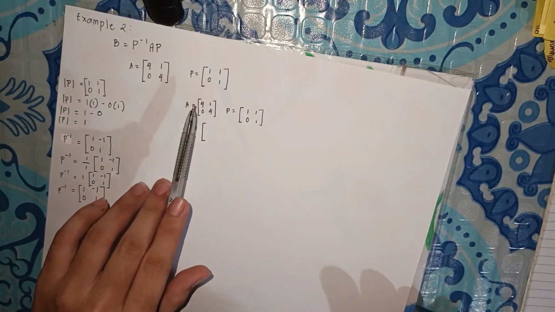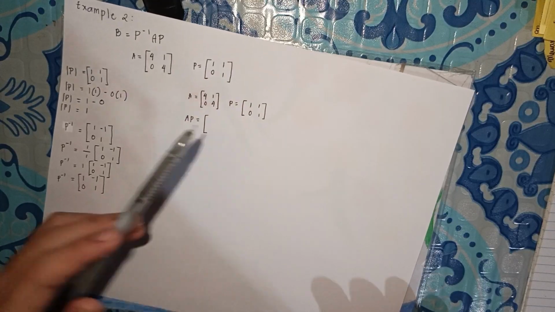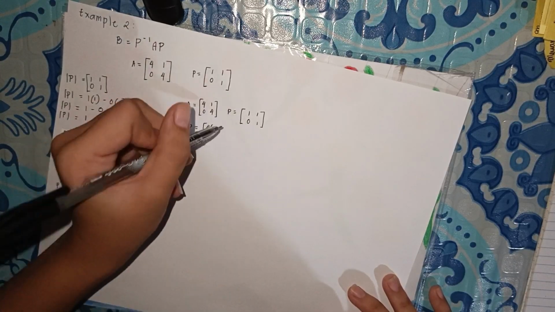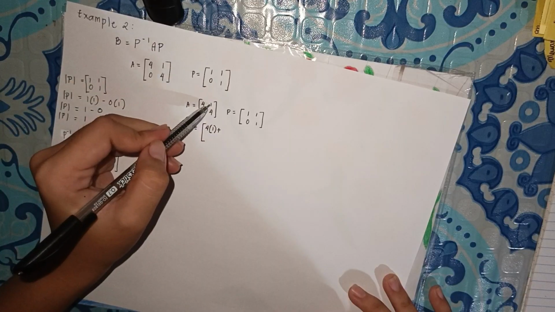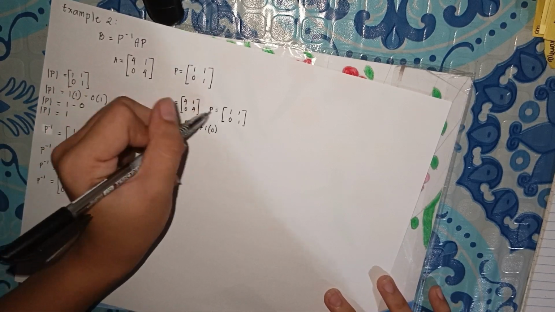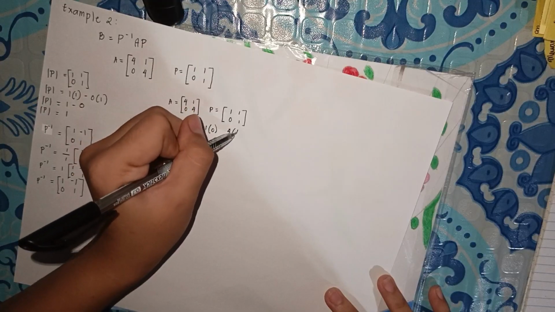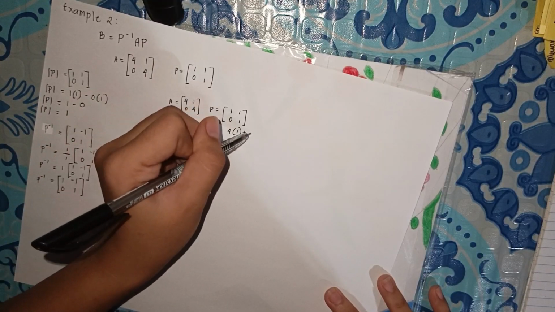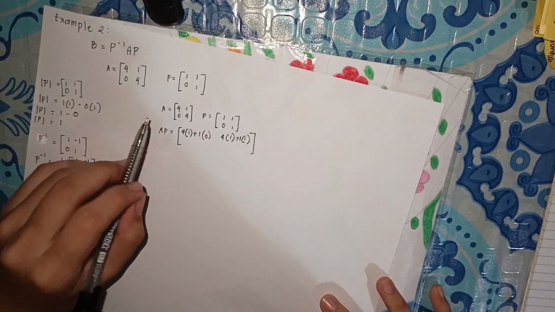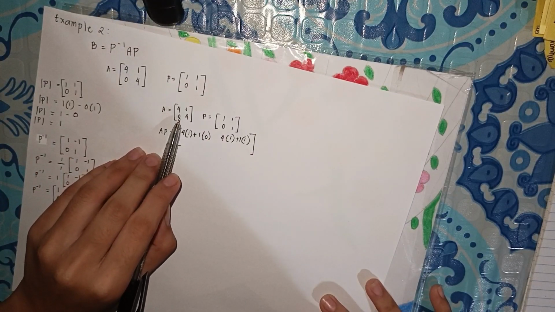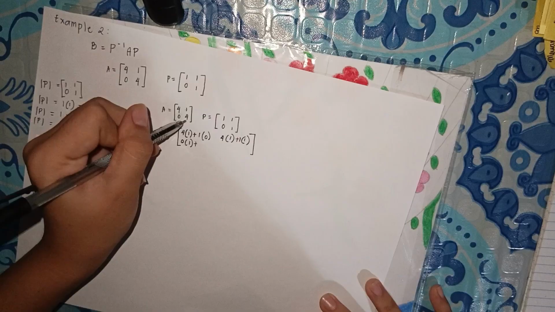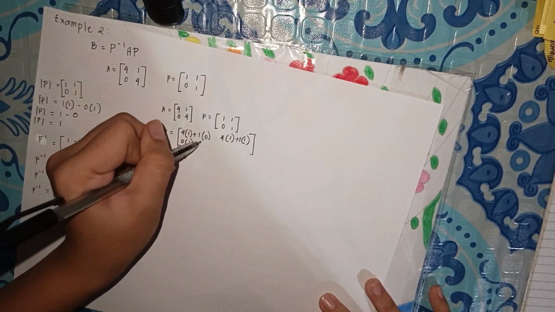So, multiplication is row times column. So, 4 times 1 plus 1 times 0. Next is 4 times 1 plus 1 times 1. Then, in the second row, 0 times 1 plus 4 times 0.